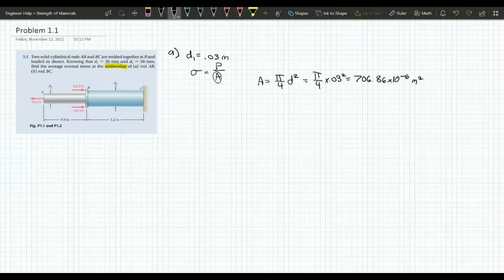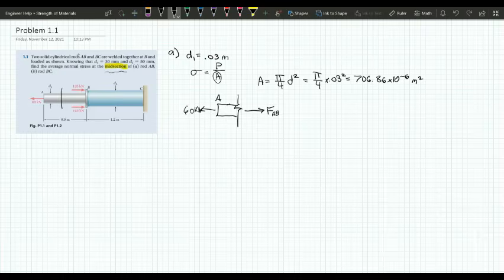Now let's find the force that is acting on the midsection of the rod. So to do that, we're going to take a cut right in the middle over there. So here's A. We take a cut. And then when you take a cut, you have a force pulling this way. We'll just call that FAB. And we also have this 60 kilonewtons going over here.